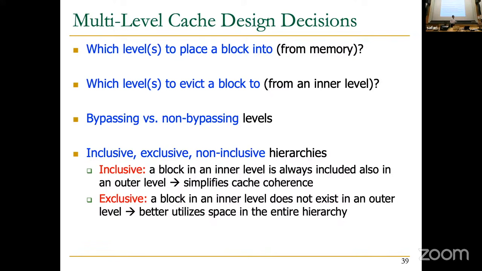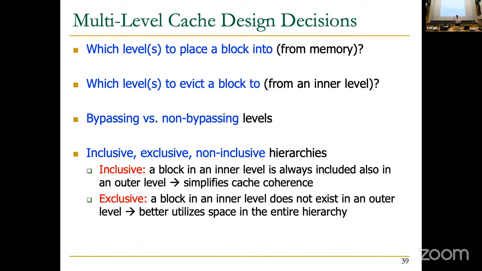The downside of inclusive is you have data duplication, right? L1 has some data. L2 also has the same data. L3 also has the same data as in L2. So you have a lot of data duplicated across the hierarchy. You're not really utilizing the cache space very efficiently.